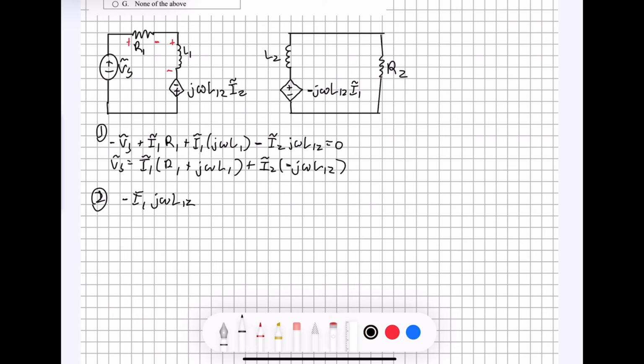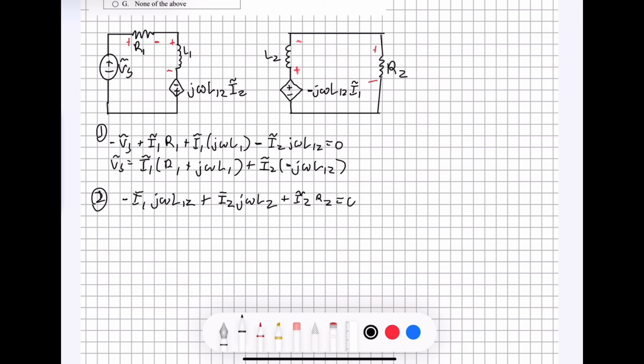We're going to have that plus I tilde 2 J omega L2 plus I tilde 2 R2. That's going to be the voltage drop across here and the voltage drop across there, the resistor.